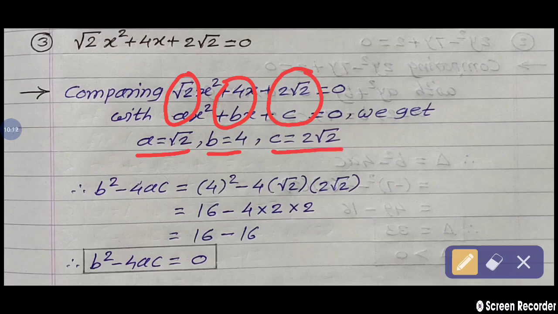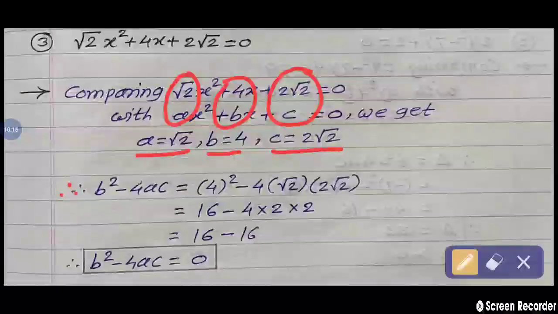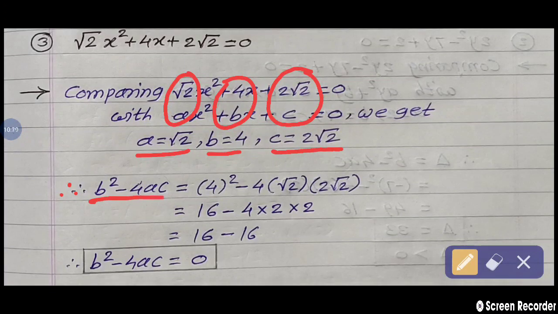Then afterward, we find out the value of the discriminant. Discriminant means b square minus 4ac is equal to. Now substitute the values. The value of b is 4, so 4 square minus 4ac. So 4 into the value of a, root 2, and the value of c, 2 root 2.